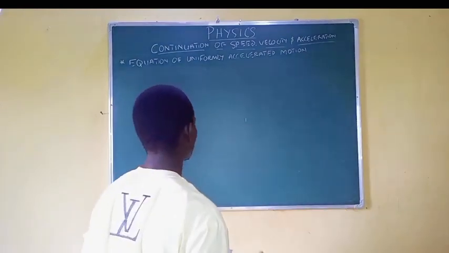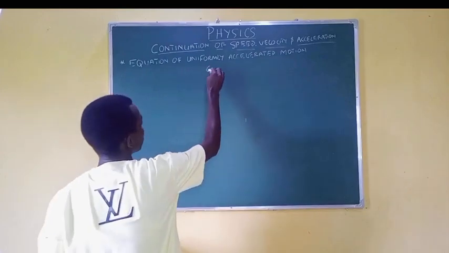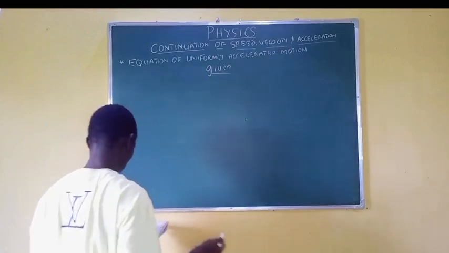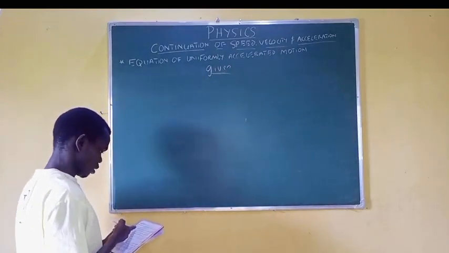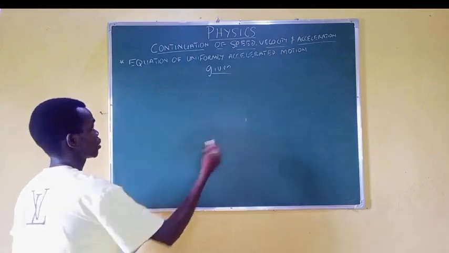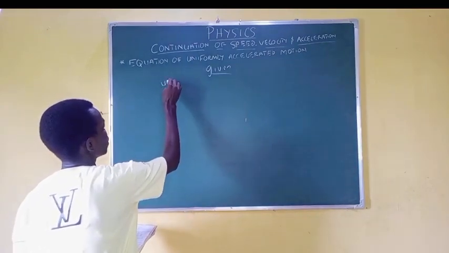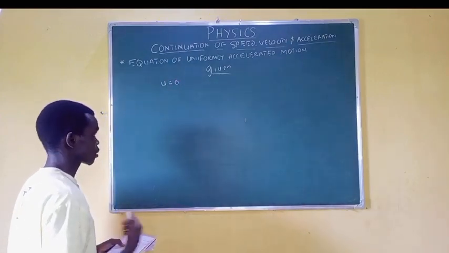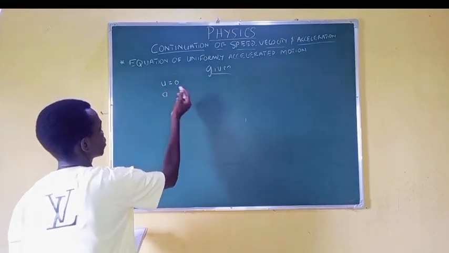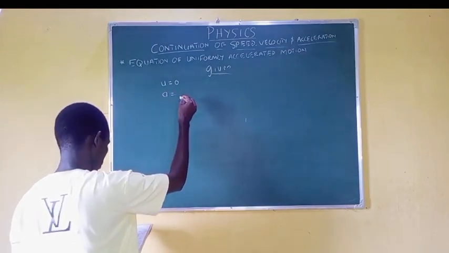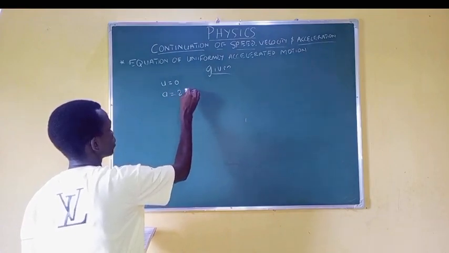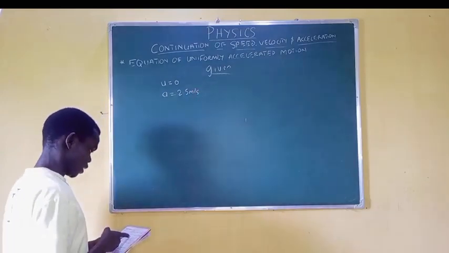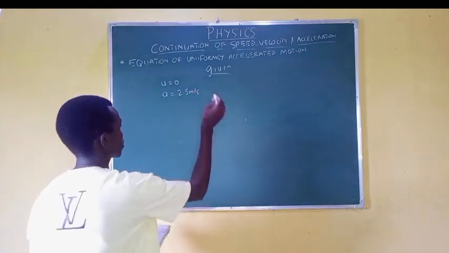From the question, the given parameters will be: initially at rest, that means initial velocity u is equal to 0. Undergoing a constant acceleration, which is uniform acceleration, will now be 2.5 meters per second squared for 30 seconds.